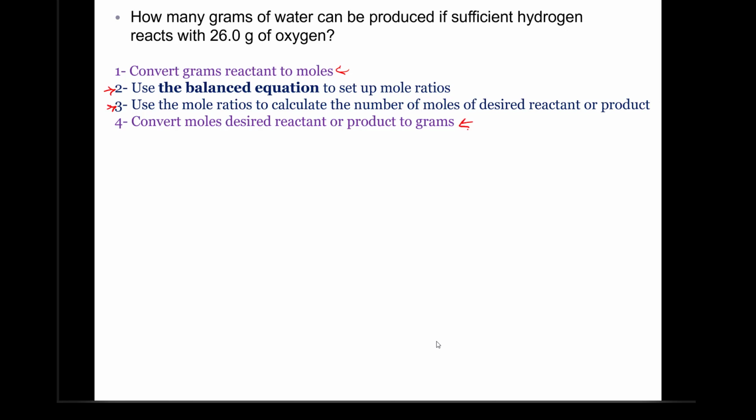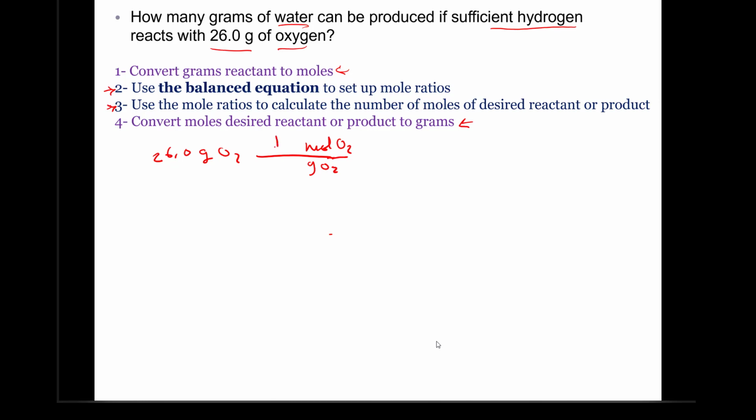So if we have a reaction of hydrogen with oxygen to make water, and we want to find out how many grams of water would form if 26 grams of hydrogen are completely consumed. So the first step is going to be converting grams of oxygen to moles of oxygen. 26.0 grams of oxygen, we need to convert them from grams oxygen to moles oxygen, and that is basically the molar mass of oxygen.